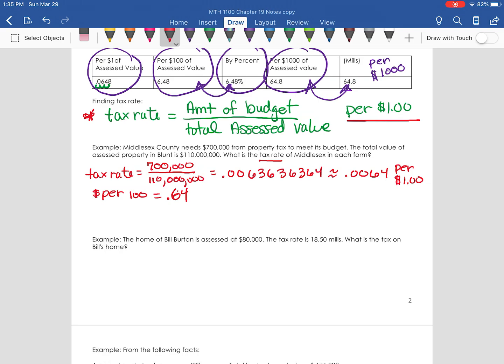So that means 64 cents for every $1 of the assessed value this person would have to pay in taxes. Now, percent is always going to be the same as per 100 because percent means per 100. So it's going to be 0.64%.